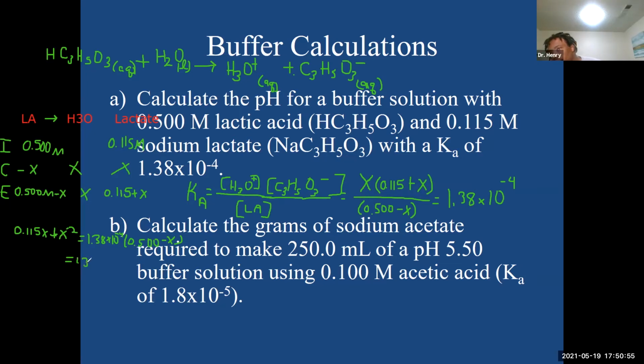Oops, 1.38. So we'll have 6.90 times 10 to the -5 minus 1.38 times 10 to the -4 x.